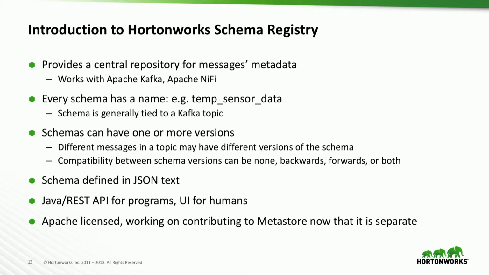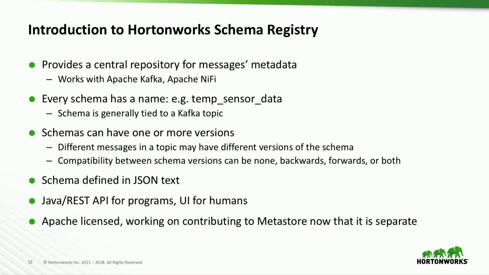So the schema registry enables you to have different versions and to define compatibility requirements between those versions. Are they required to be backward compatible, forward compatible, both, or neither? Neither doesn't actually sound very useful. I don't quite know why they enable that, but whatever. Those schemas are defined in JSON text, which is ugly but useful.